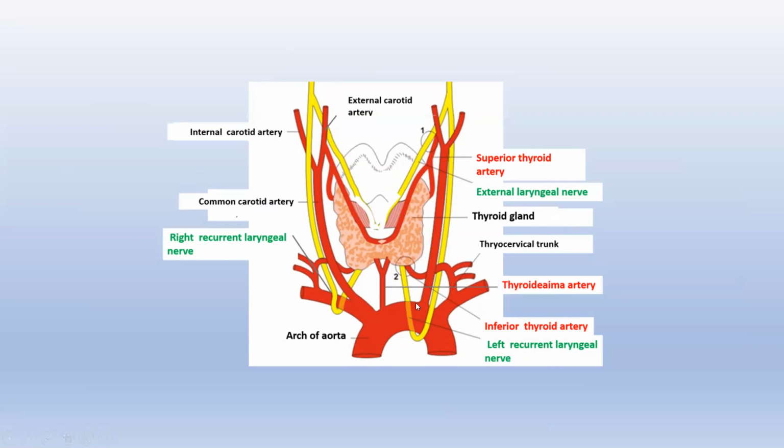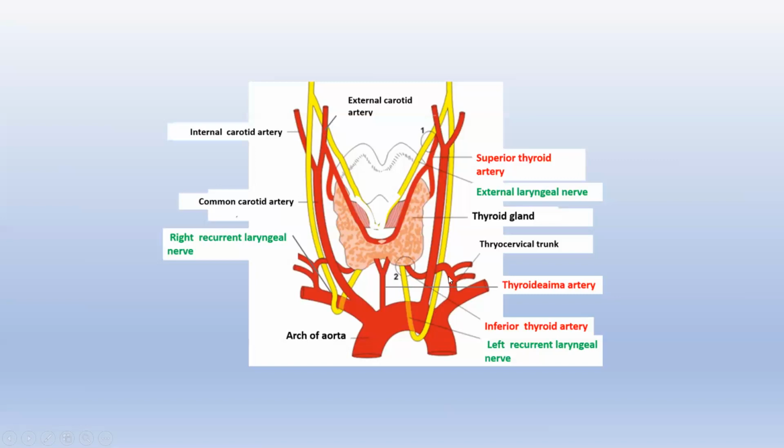See, this is the recurrent laryngeal nerve. At its proximal part it is away from the nerve, but here it is initially near the external laryngeal nerve. So this is how it goes.